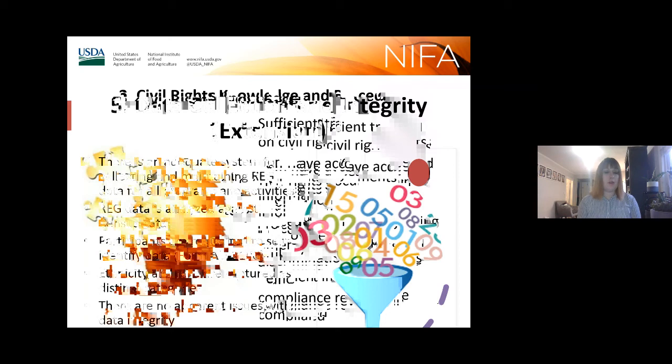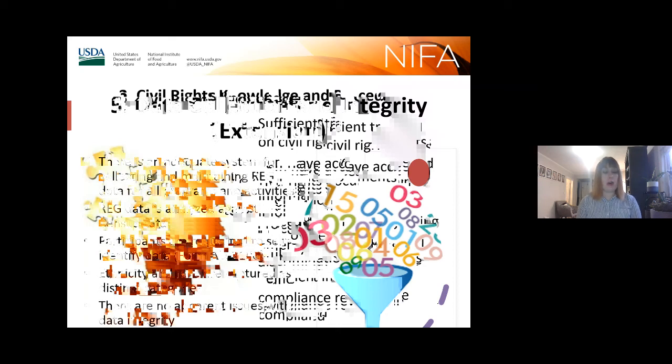You do want to gather ethnicity and race as distinct categories. So if someone identifies as being of Hispanic ethnicity, they also have the opportunity to identify their race as being white or Native American or Black African American, whatever the case may be.